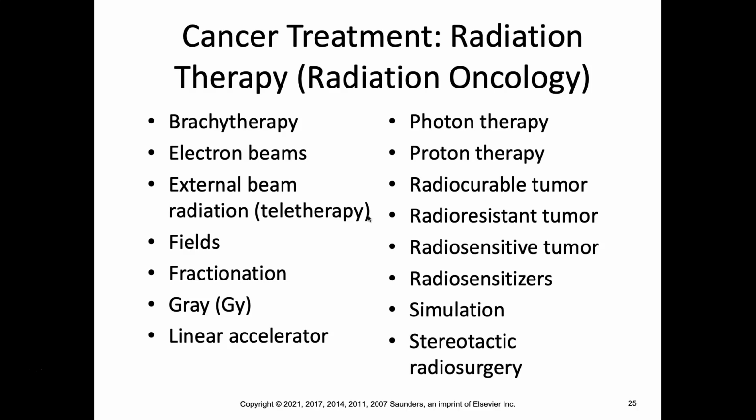And then types of radiation therapy you might hear about. These are terms that you would need to know: brachytherapy, electron beams, external beam radiation or teletherapy, fields, fractionation, gray, linear accelerator, that's the machine used for dispensing the radiation therapy, photon therapy, proton therapy, radiocurable tumor, radioresistant tumor, radiosensitive tumor, radiosensitizers, and be thinking medications there, simulation, and stereotactic radiosurgery.